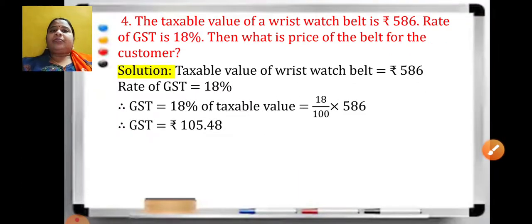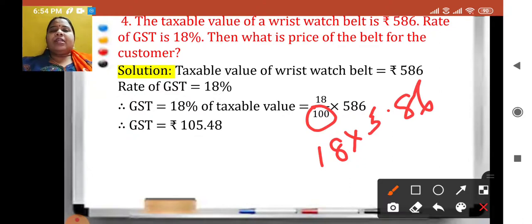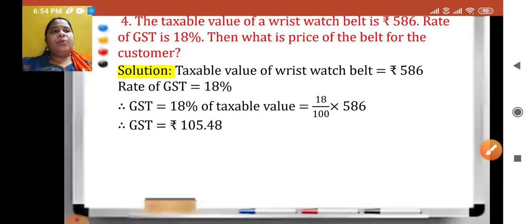So when I calculate, it is 18 upon 100 into 586. Since it is upon 100, I can write it as 18 into 5.86. And when I multiply this, I get 105.48. Any way in which you want to do it, you want to cancel it first and then do it, no problem at all.